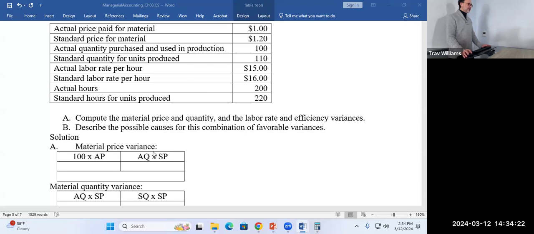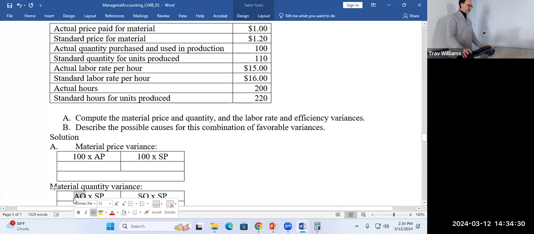So actual quantity is 100 of materials. So that goes in 3 places here. Then the actual price is $1, right? That goes right there. Standard price, $1.20. You see 3 places for that. And standard quantity is 110.